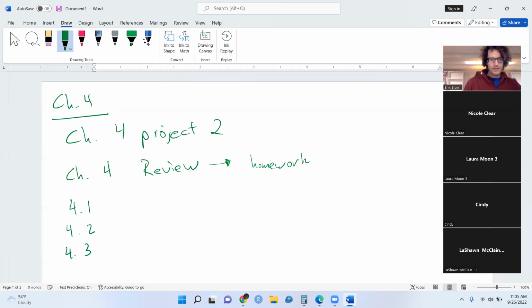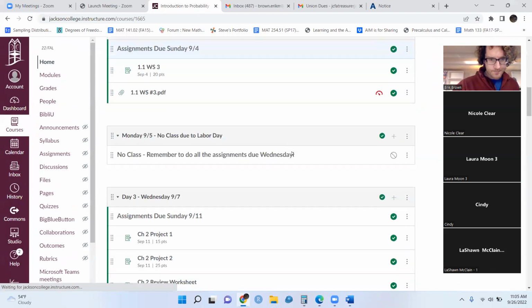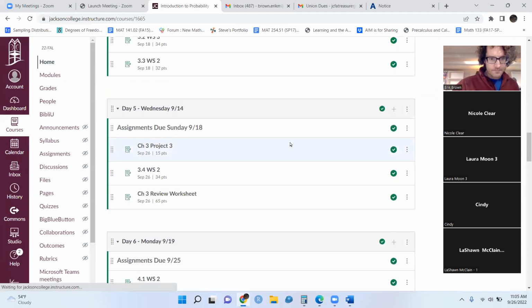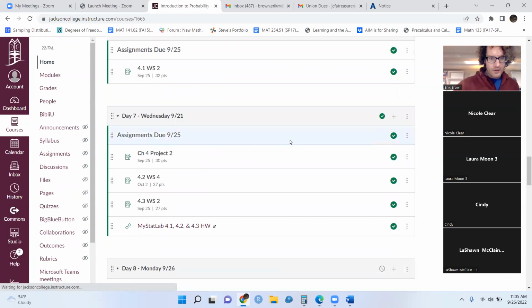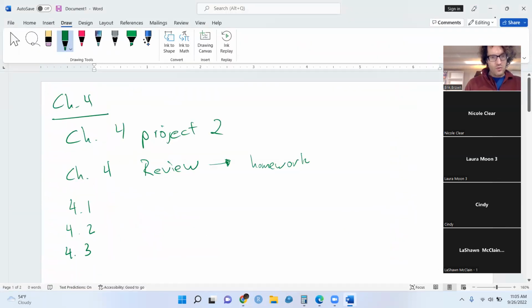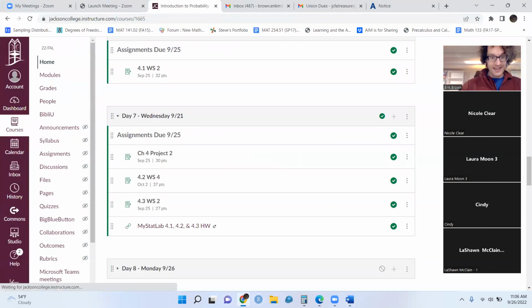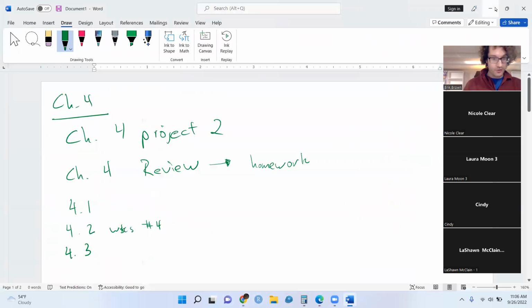And I think we did, I want to say we did the 4.2 worksheet. Yeah, we did the 4.2 worksheet number 4 in class on Wednesday, did we not? Yes, we did. And that's the only one we've done. So in terms of what's in Canvas, we have worksheet number 2 and number 3 for these things that we can look at.